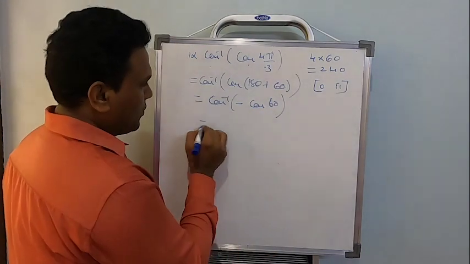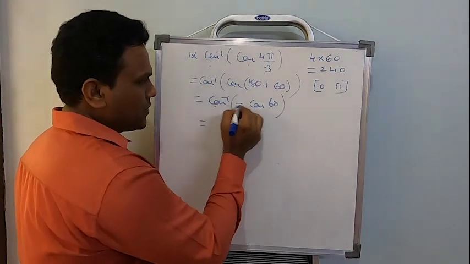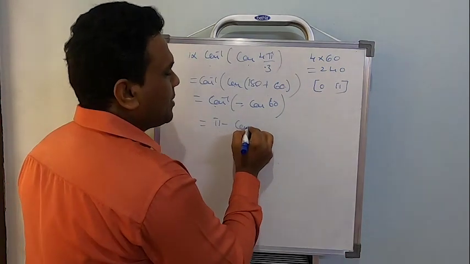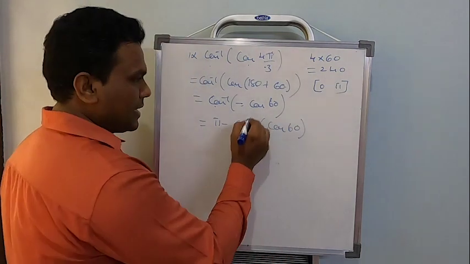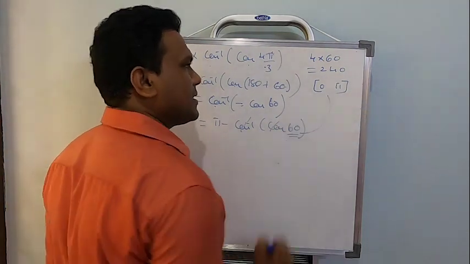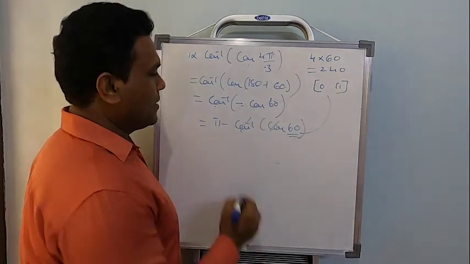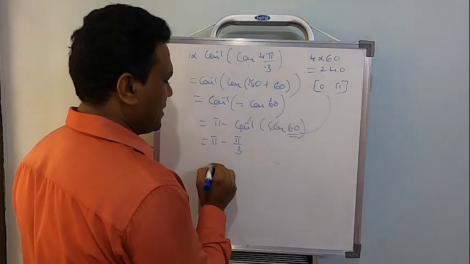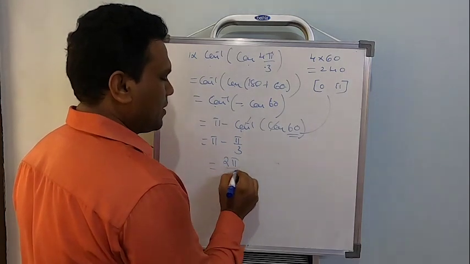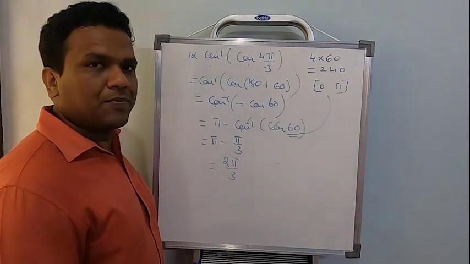Fine. Now there is a negative sign, so cos inverse of minus cos 60 can be written as pi minus cos inverse cos 60. Let us eliminate this now because 60 is an angle between 0 to 180. So this can be written as pi minus 60. 60 is nothing but pi by 3, so the answer is going to be 2 pi by 3.